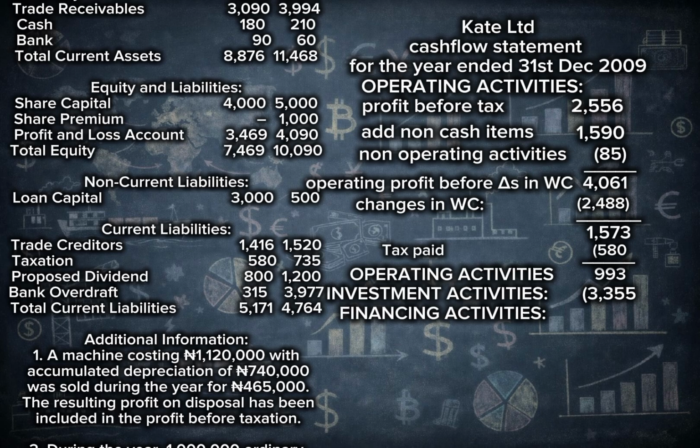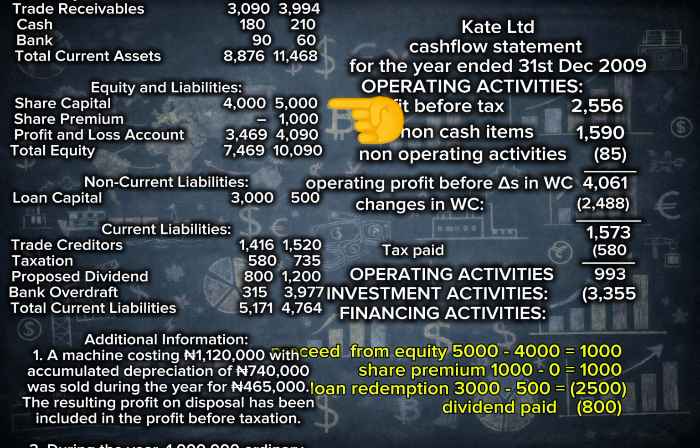Moving on to financing activities. These are activities that relate to funding of the business and the repayment of such funds, as well as dividend payment. From the question, we can see that between 2009 and 2008, there was an increase in equity by 1 million naira, and there was also an increase in share premium, and loan capital dropped to 2,500,000. This means we have repaid part of our existing loans, and dividend paid is 800,000.